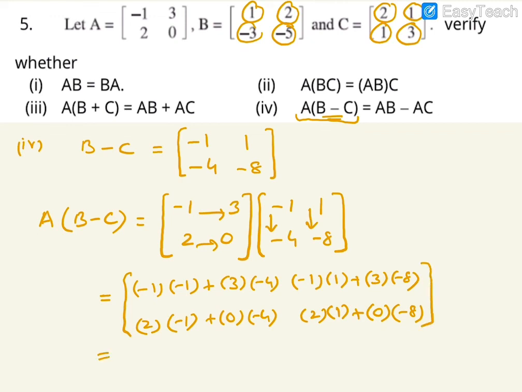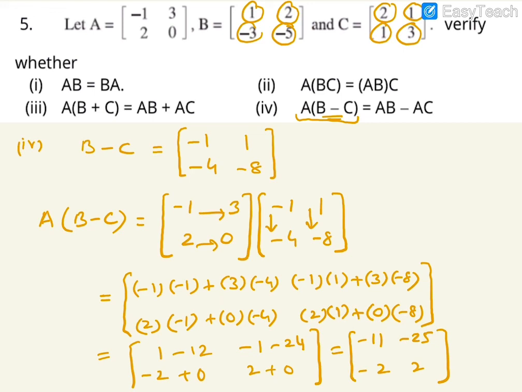Now we will have 1 minus 12, minus 1 minus 24, minus 2 plus 0, 2 plus 0. So we got minus 11, minus 25, minus 2 and plus 2. This is the answer of A into B minus C, say equation 1.